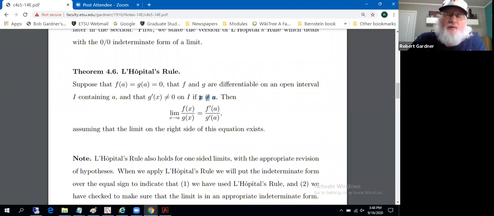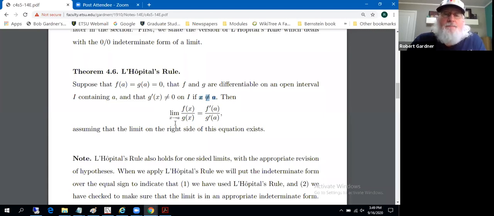Here we are requiring the function be defined at a, but we're not requiring anything of the derivative at x equals a in terms of a value. We are requiring differentiability, but we're requiring a non-zero derivative except possibly at a.